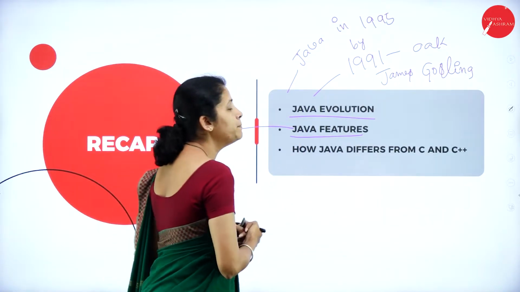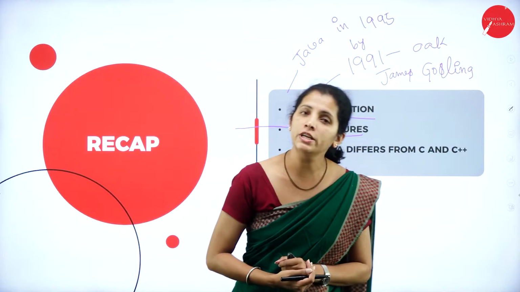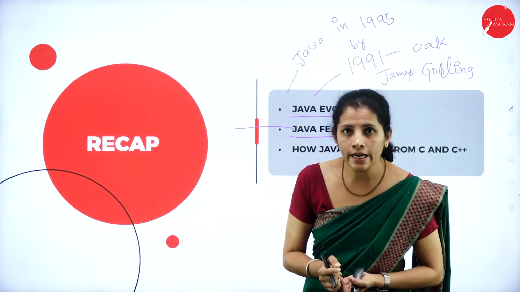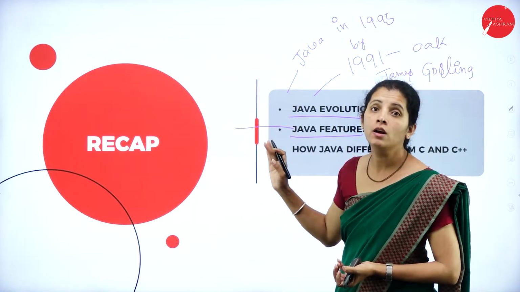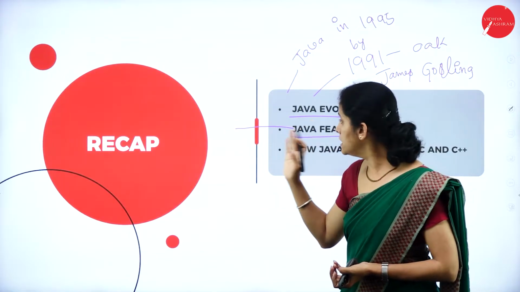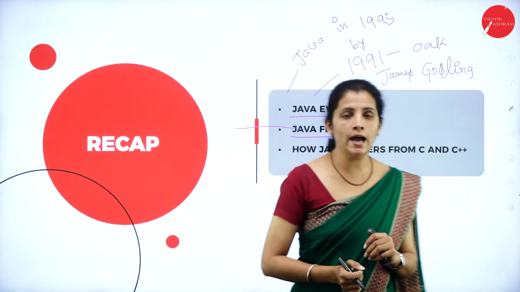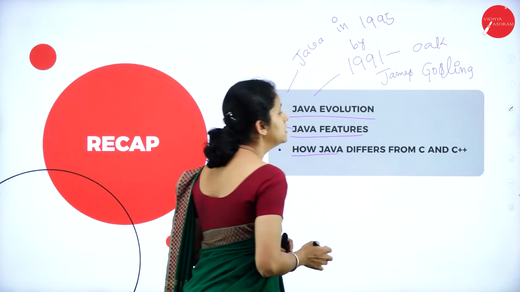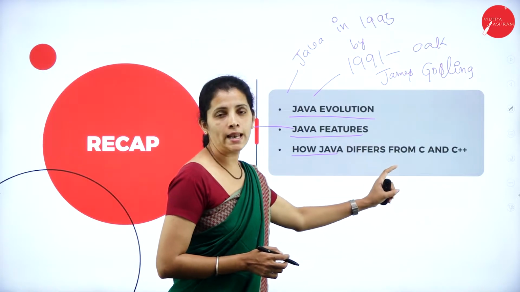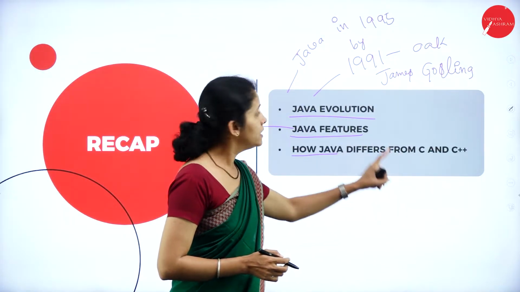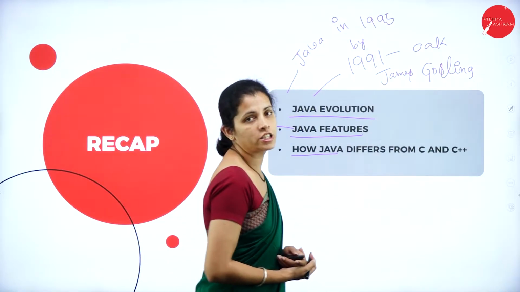That is simple, portable, dynamic, secure, object-oriented, multi-threaded, along with platform neutral or platform independent. These are the features of Java programming. Along with that, we learned how a Java program is different from a C program as well as a C++ program. These are the three topics we learned in my last session.